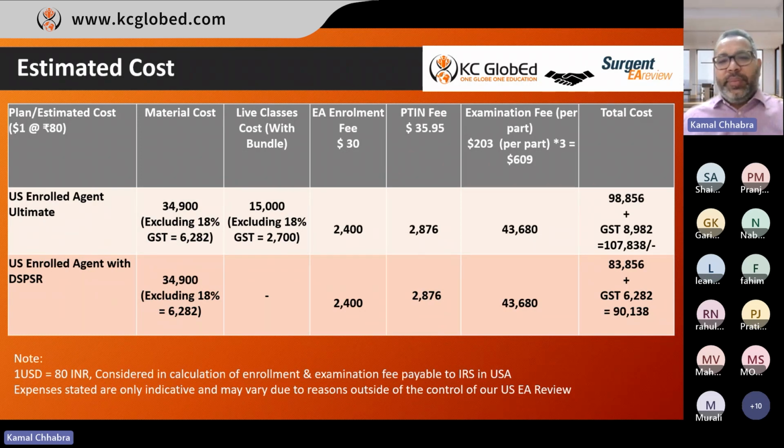Then the admission cost will be around $100, and each examination will cost you around $203. So on average, it will end up around 1 lakh rupees approximately. And if you take only the learning management software and do your own self-study, then the 15,000 tuition fees will not be levied. So then around 83,000 or 85,000 will be the total cost.